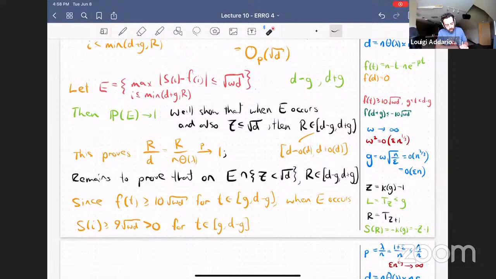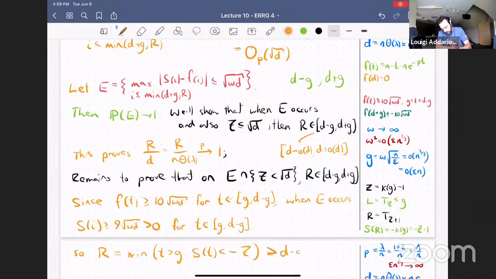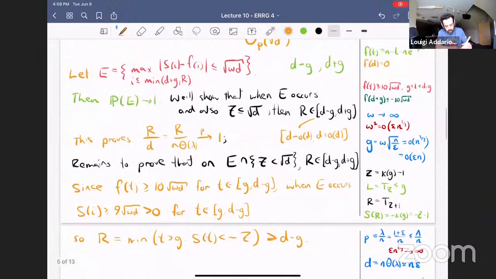So r is after g, and so if s is positive between g and d minus g, then r can't be between g and d minus g. Okay, and so that means that r, which is the minimum t bigger than g such that s_t is less than minus z, is another way to write it, must be bigger than d minus g. Okay, so that's one of the two things we wanted.